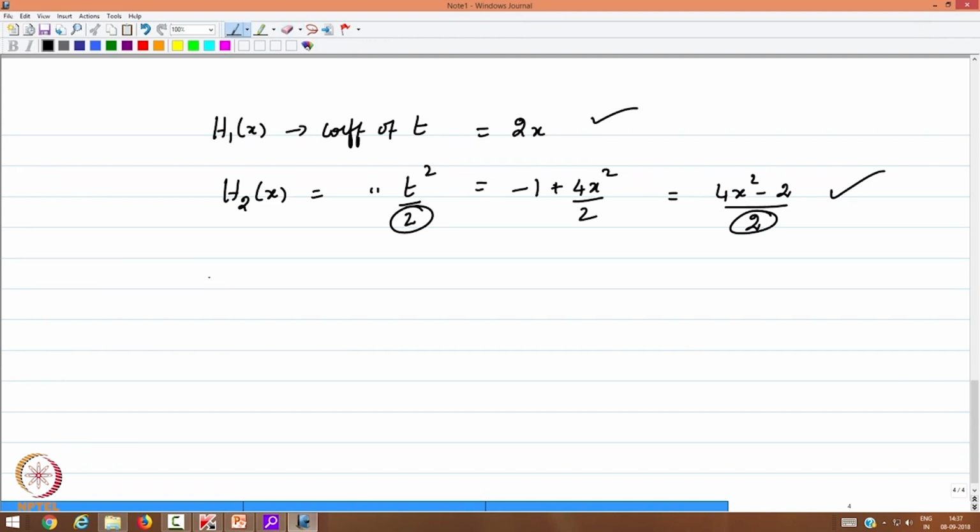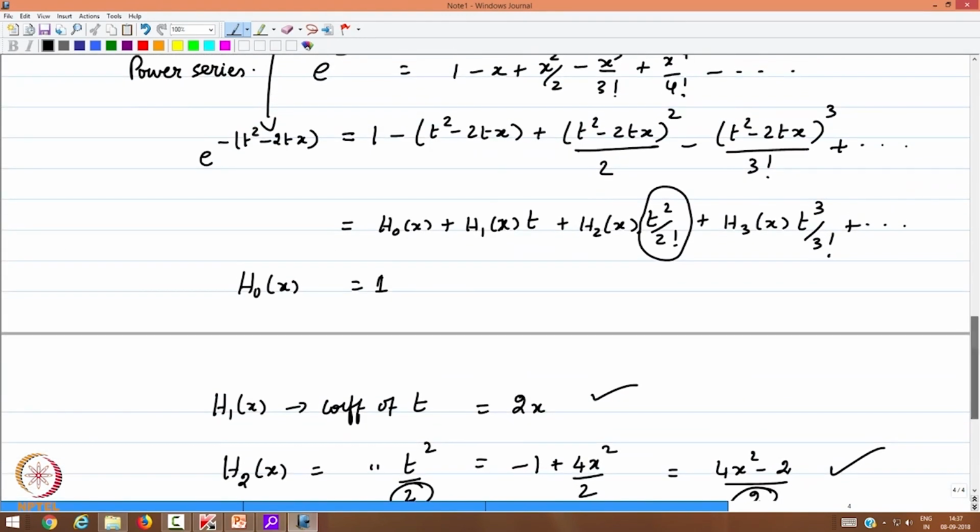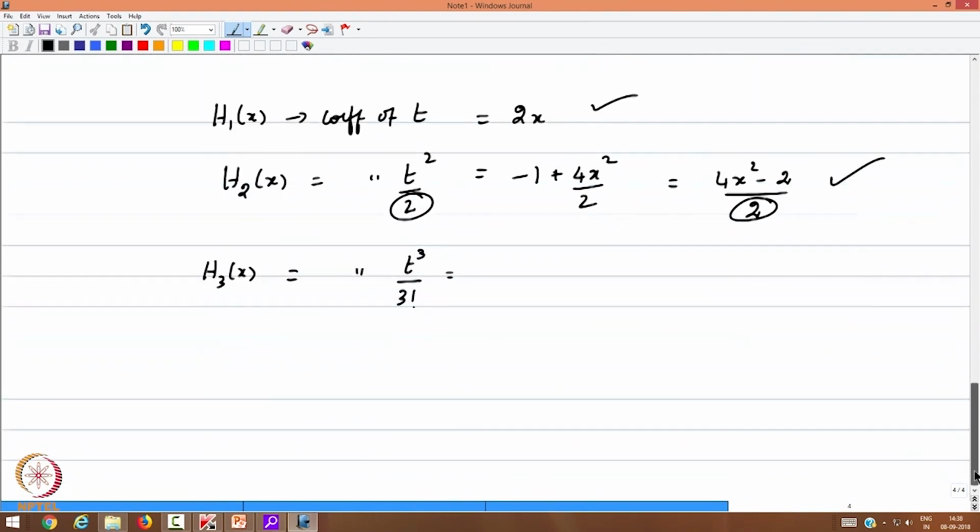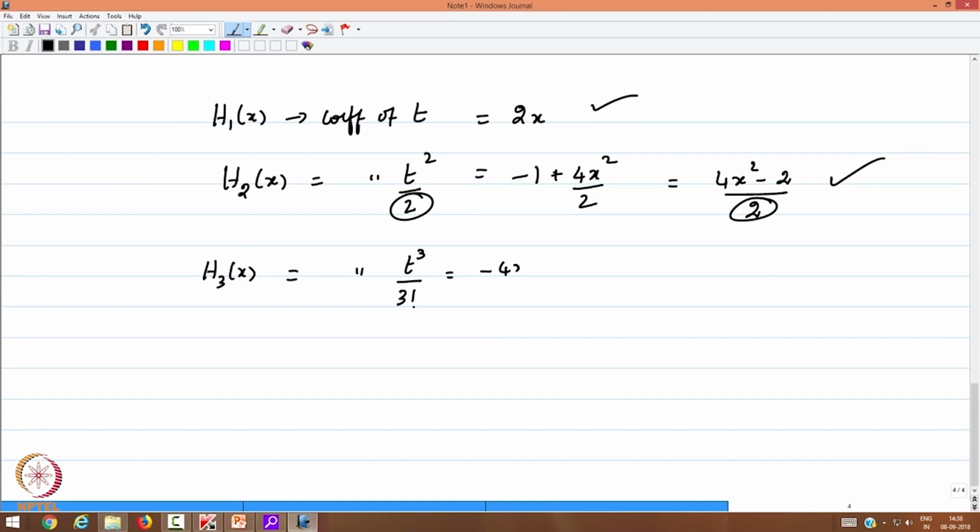h3 of x is the coefficient of t cube by 3 factorial. If you look carefully, there is an a minus b whole square, so the 2ab term will contain a t and a t square, that is a t cube. So, what you have is minus 2 into 2 minus 4x divided by 2, that is one term.